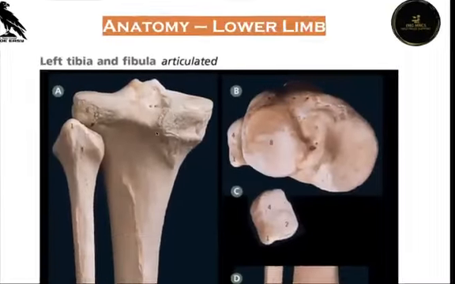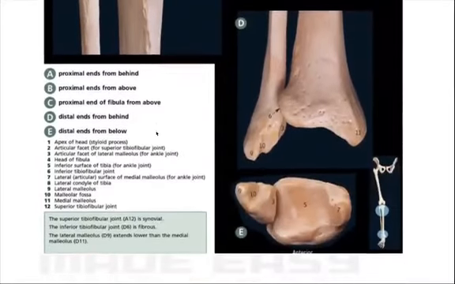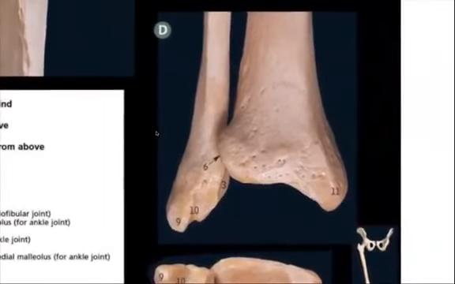Okay, next one is the lower end. In the lower end, what you have to identify is very simple. In picture D, you can see both the tibia and the fibula joined together. Number 11 is the medial malleolus.